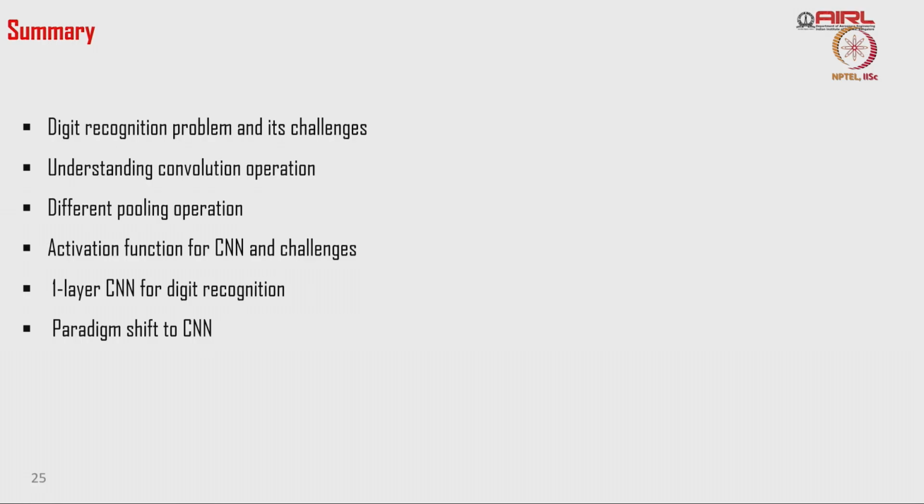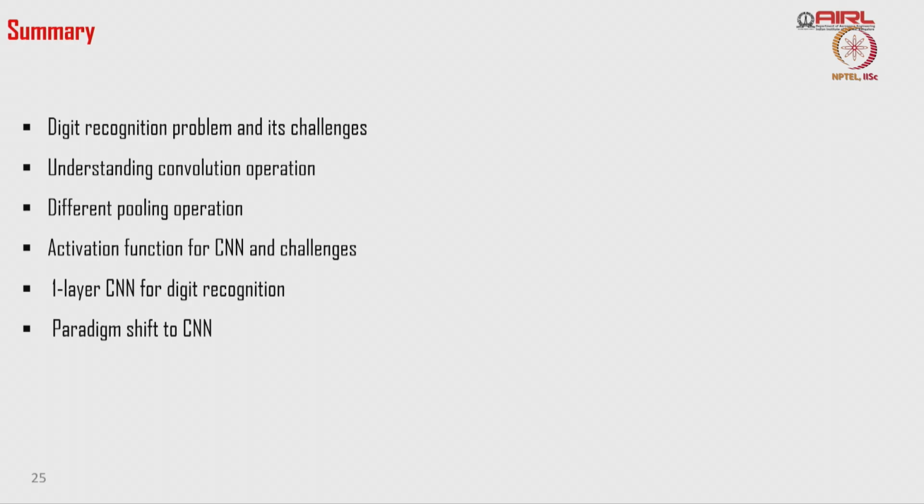In summary, we talked about a classical digit recognition problem, and we saw what the challenges in the digit recognition problem are. I have introduced basic convolution operations, convolution and pooling operations, different pooling operations, and what exactly they do.